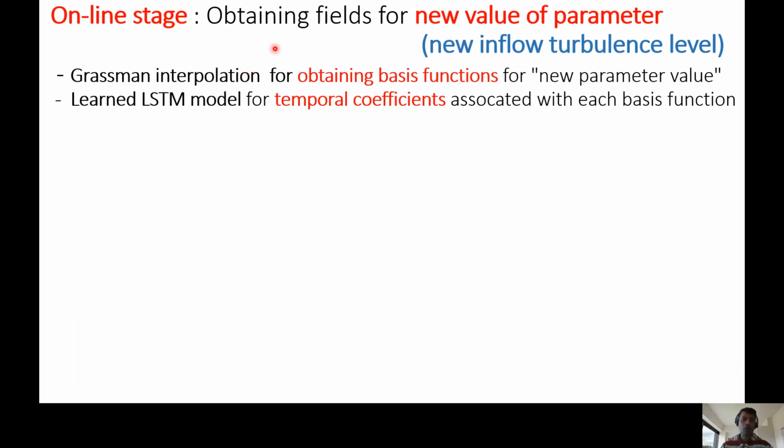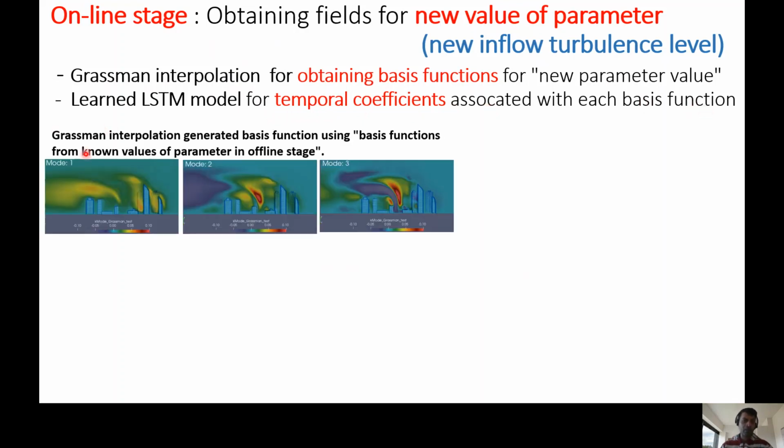In the next stage, the online stage, we use Grassmann interpolation for obtaining fields for new values of parameter, that is, for new inflow turbulence levels. We obtain new basis functions using Grassmann interpolation, and we use the LSTM model from stage 1 to obtain the associated temporal coefficients with each basis function.